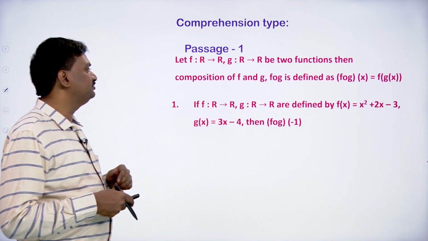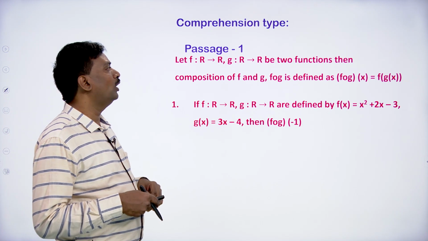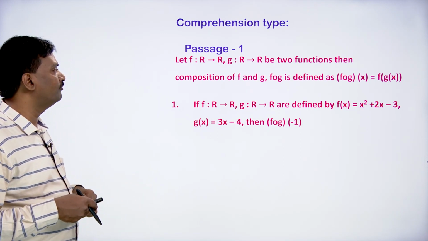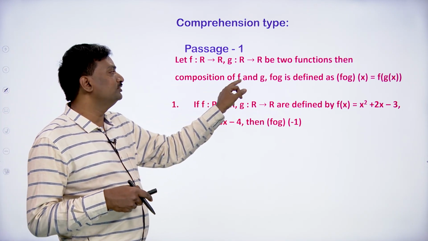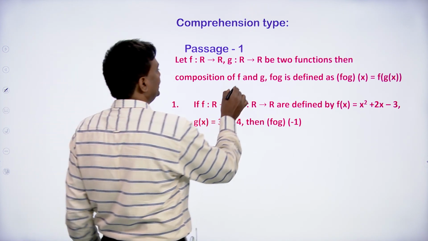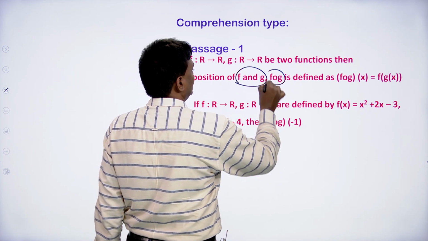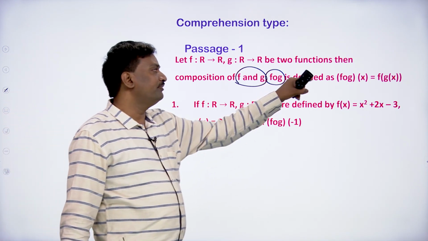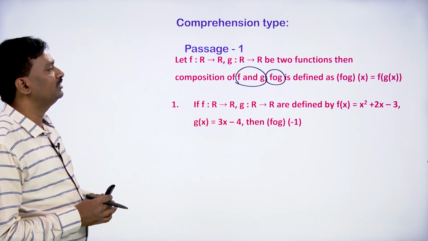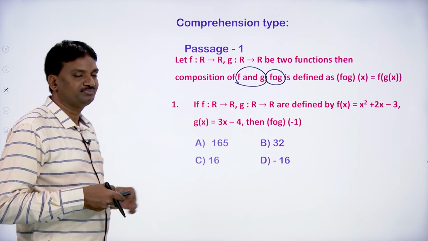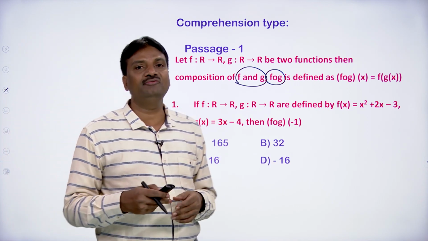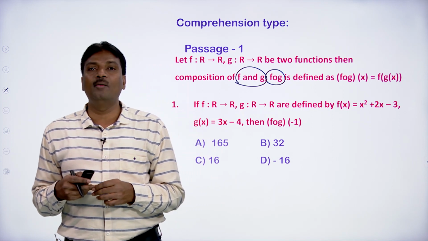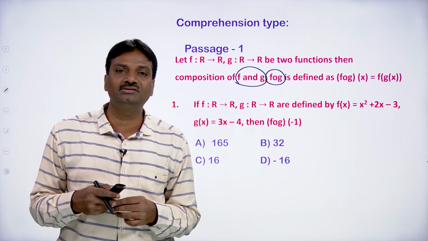Here the passage is given as, if f maps R to R, g maps R to R be 2 functions, then the composition of f and g is f circle g. The composition of f and g, known as f circle g, is defined as f circle g of x equal to f of g of x. So this is the given passage, but already we know the definition of composite function of 2 functions f and g.